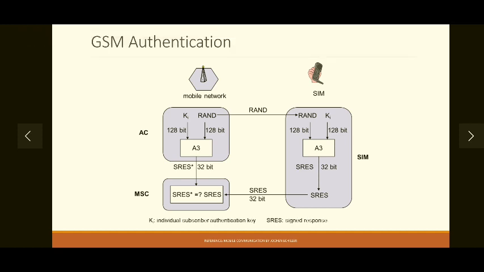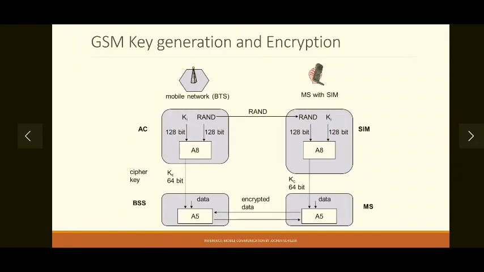Now let's see, once the user is authenticated, how its data is encrypted over the radio interface. In both diagrams you will see only one user and a mobile network shown. That shows that all these mechanisms are implemented only over the wireless interface. The other party is not directly involved, because beyond this mobile network there will be a fixed connection.